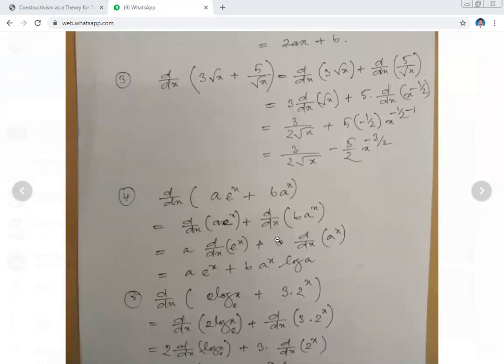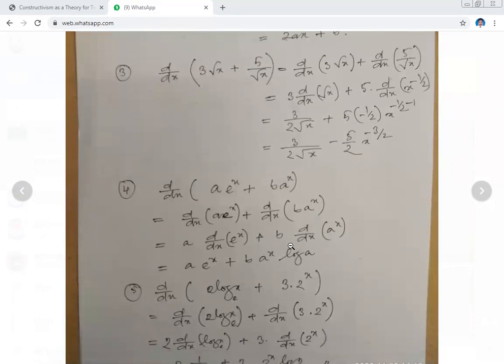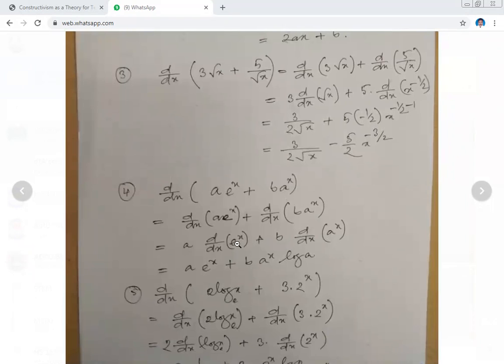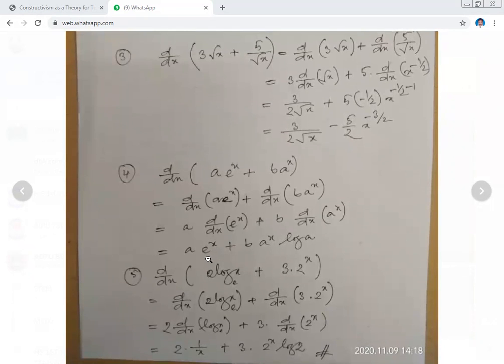Plus d/dx of b into a to the power x, so b is constant and written outside. d/dx of e to the power x is a formula: the derivative of e to the power x is always e to the power x. So as per our formula, we got e to the power x.